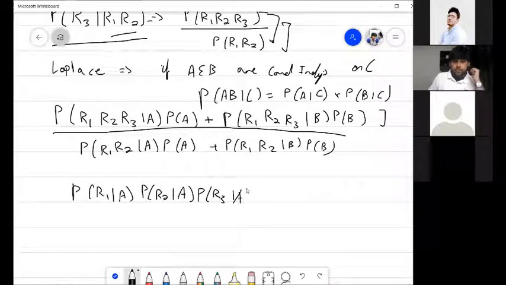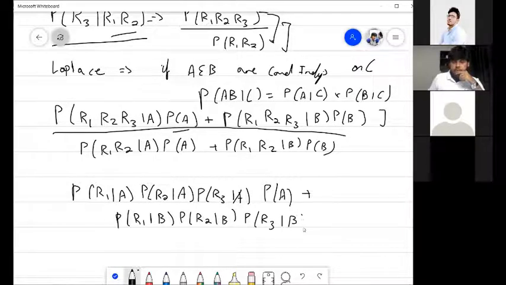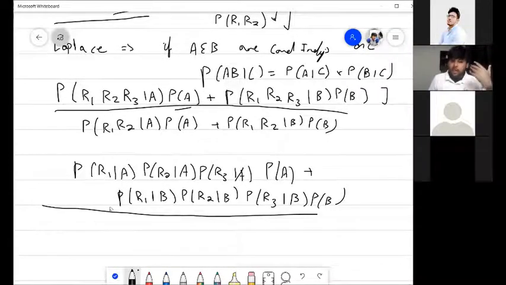Multiplied by P(A), because we can't forget this. This is a separate term. Likewise, we'll do the same for B. Now, I'm going to expand the denominator as well, but note how here there are only two terms.